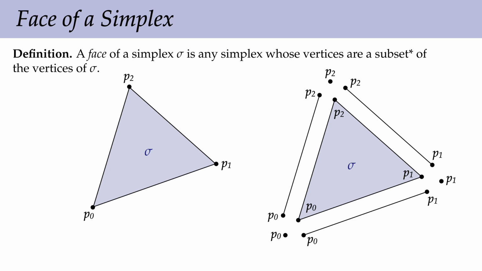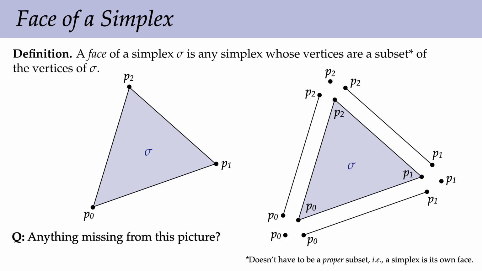We have subsets of size 2 that give edges like P1, P2. We have subsets of size 1, P1, P2, P0, which give the vertices. And also, by the way, a face doesn't have to be a proper subset. So for instance, the triangle itself is a face of itself. By the way, is there anything else missing from this picture? Did we get all the subsets of that triangle?